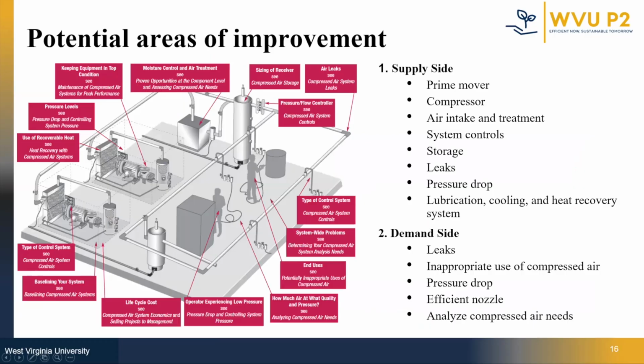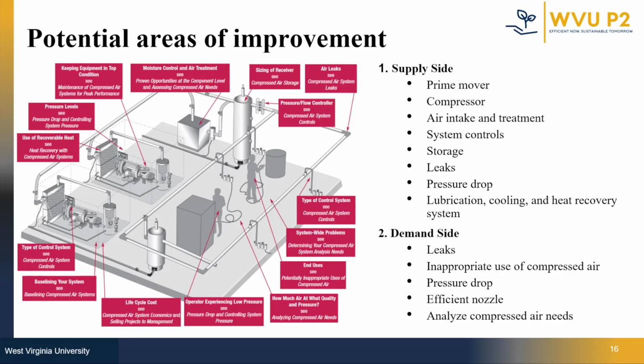So this slide here is really showing us a roadmap for both upstream at the compressor and downstream at the point of use. There are opportunities to cut cost, save energy, and make the system work smarter. On the supply side, improvement can come from optimizing the compressor itself, improving intake and treatment, upgrading controls, or even adding proper storage.